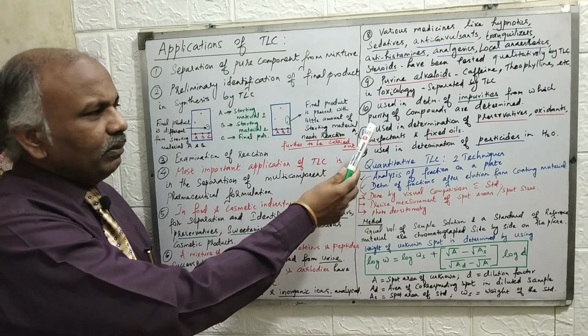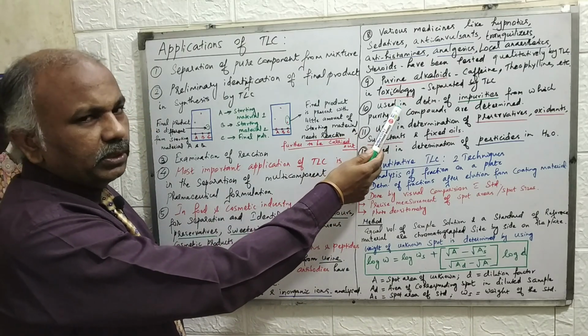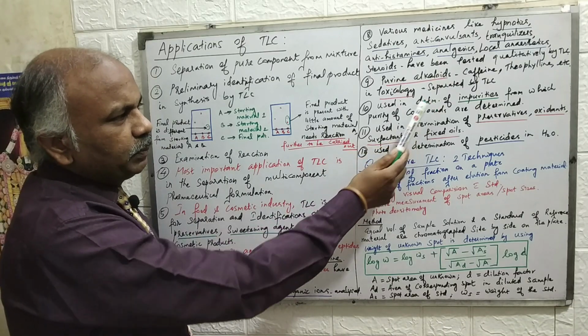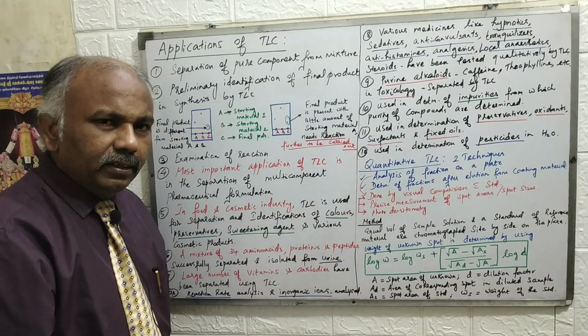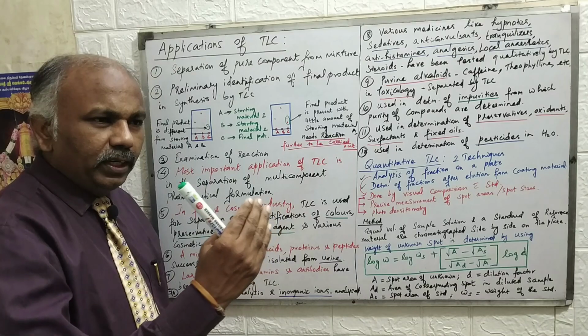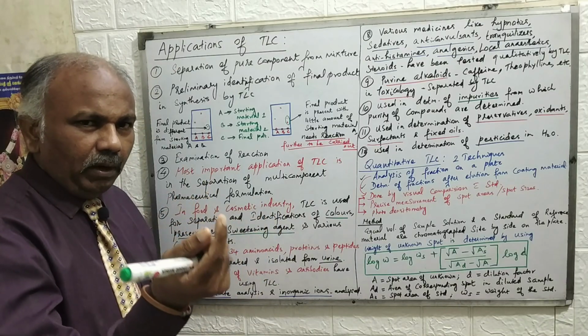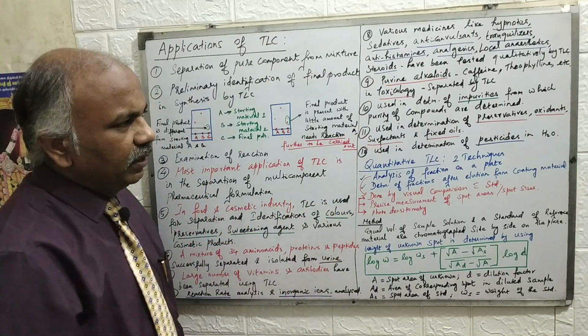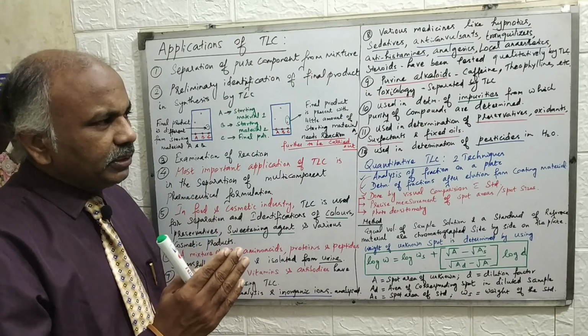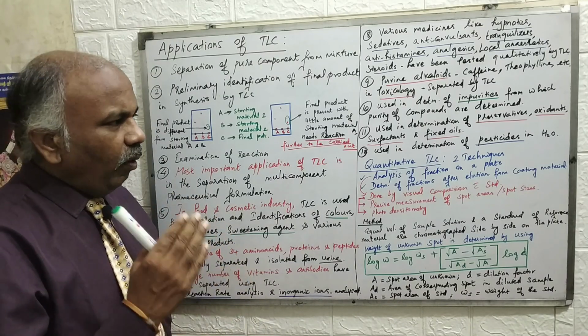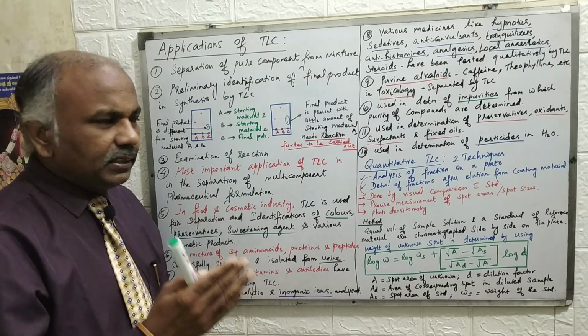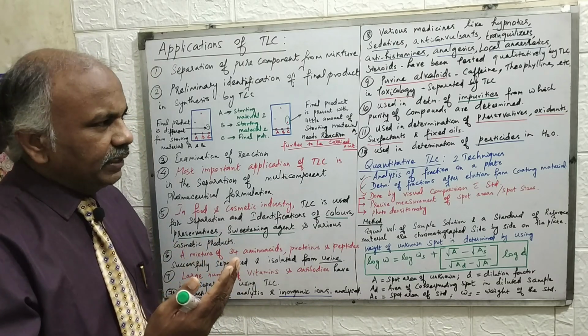One of the very important applications of TLC is in the determination of impurities, from which the purity of compounds is determined, right? Whatever impurities are present will give a separate spot, and that we can also identify here. It is also used in the determination of preservatives, oxidants, surfactants and fixed oils; anything can be analyzed.